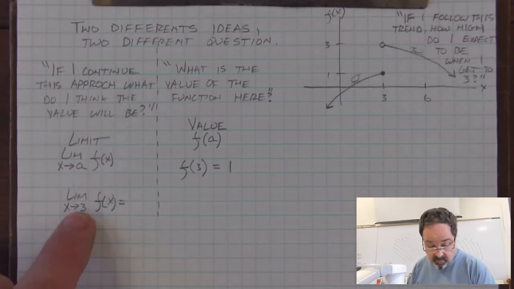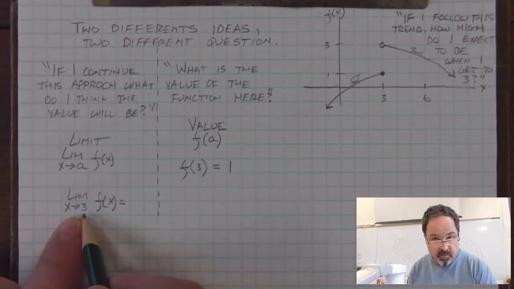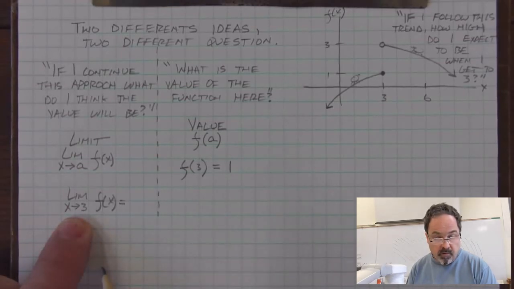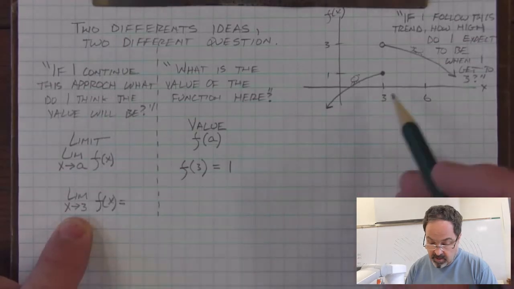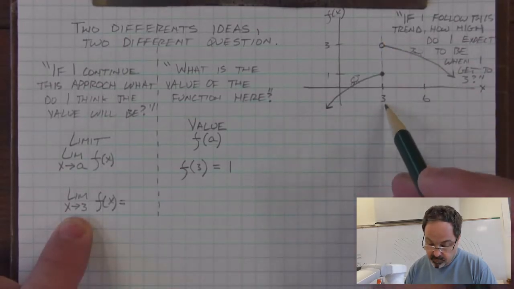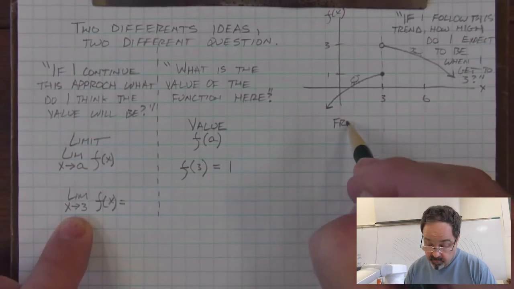So when we write this limit question down, we have to consider we're approaching 3, but also from what direction are we coming? At this location, we could be this bug, which is coming from the left.